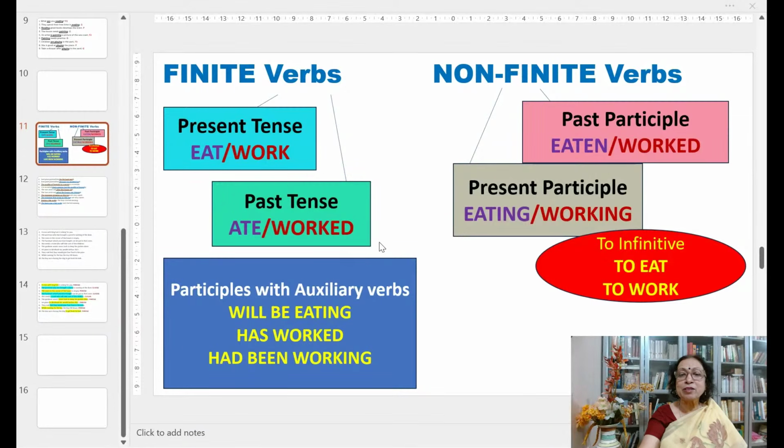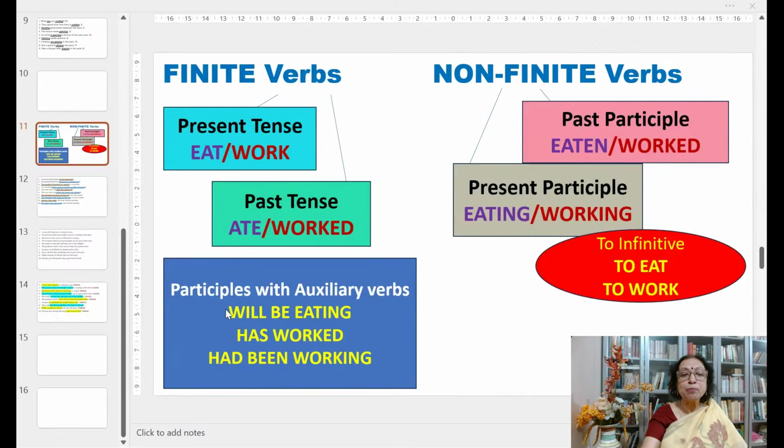Past participle, present participle, infinitive, to plus verb. These are non-finite. They are never used as verbs unless you give an auxiliary verb. Will be eating. That is the form which we use for the continuous of future.